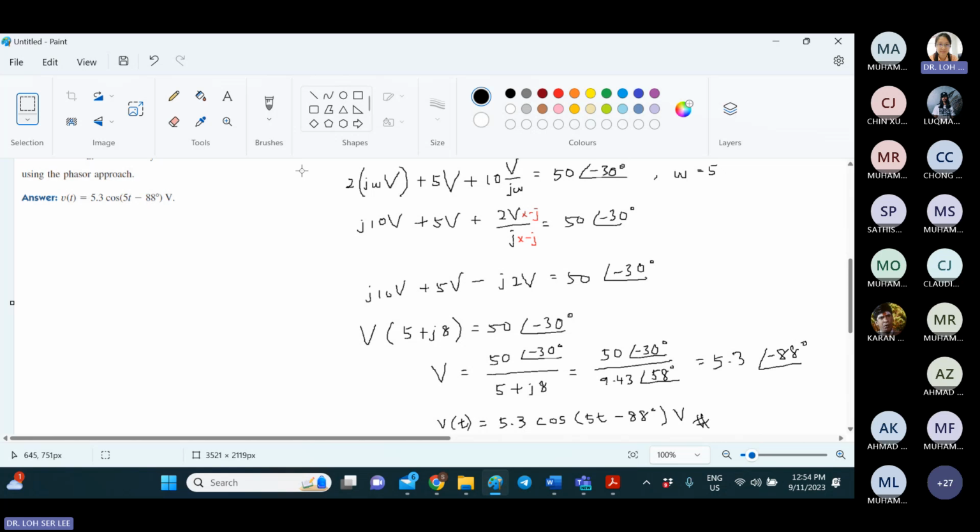I will just run it as a revision class for any of the topics, from the first chapter until now, complex numbers. So you can prepare your questions, and I will revise with you during the class time.